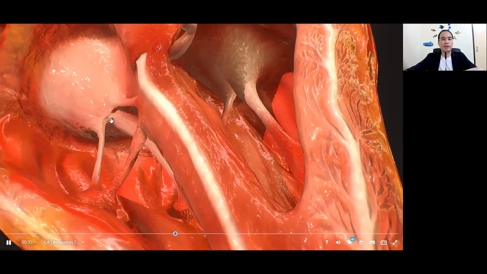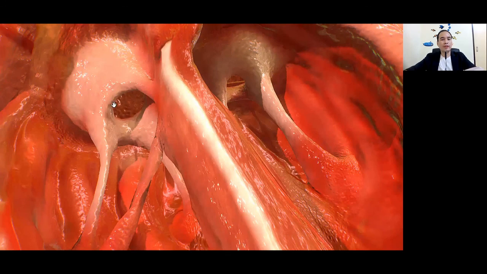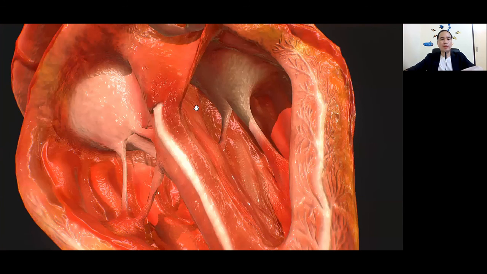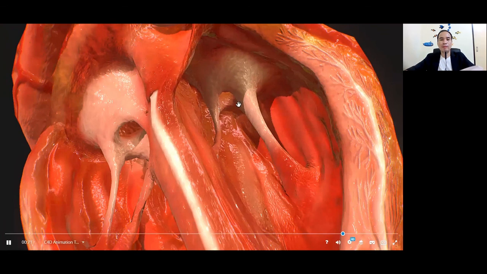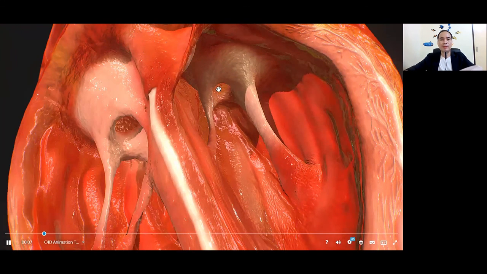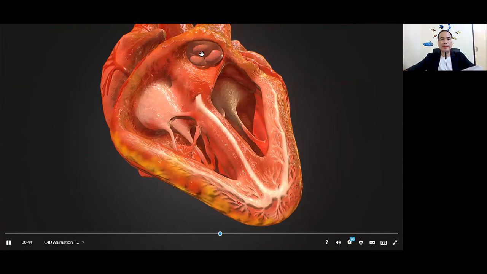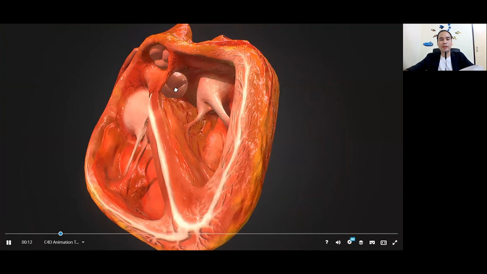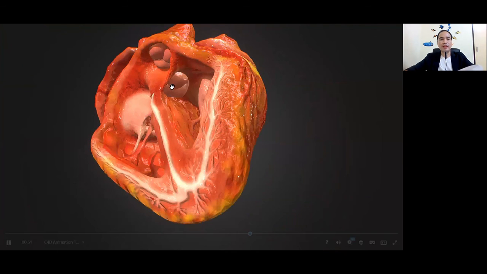This is your tricuspid valve. And this one on the left side of your heart is your mitral valve. This one is your pulmonary valve. And this side here is your aortic valve.